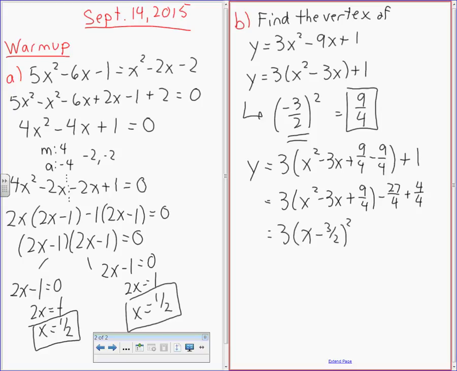Now remember what happens here: this number right here is 100% of the time going to match this number right here. That's why we did this middle step, to get that to go. And my final thing should be negative 23 over 4. So my vertex is 3 over 2, comma negative 23 over 4, and it opens up.